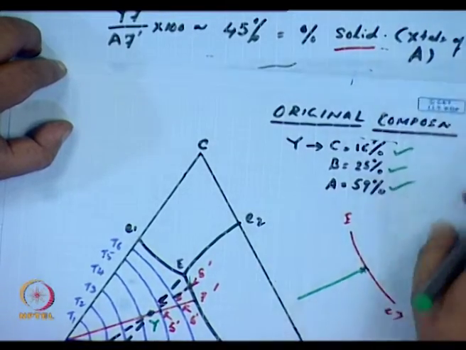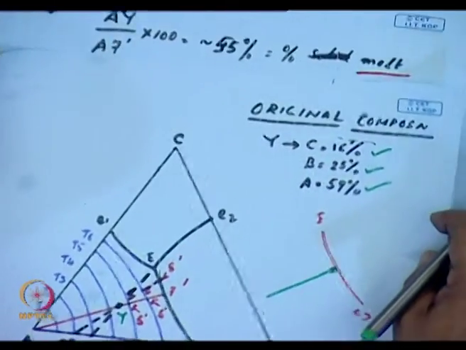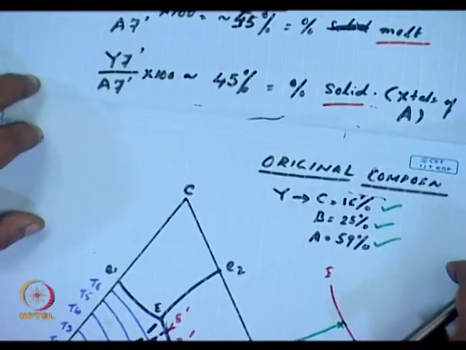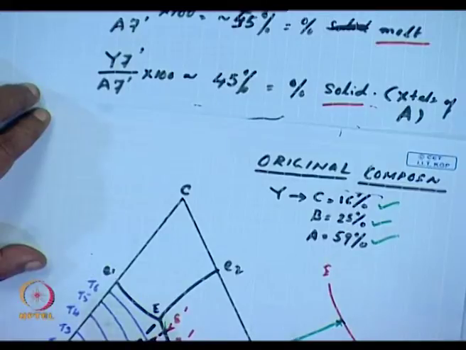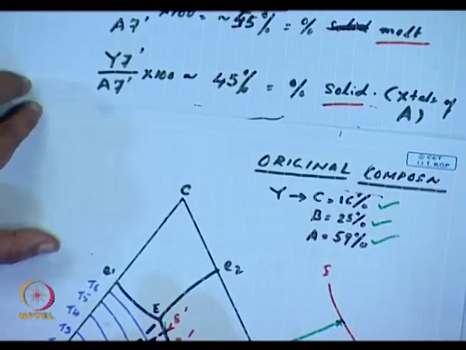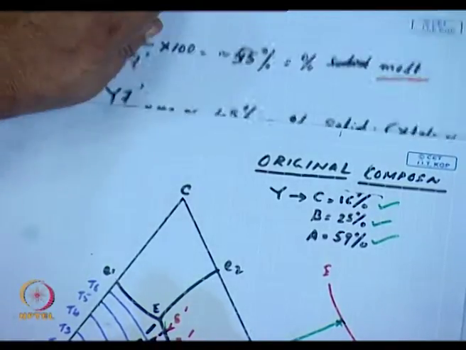And what it turns out, again, using the same principle as outlined earlier, is AY divided by the entire length multiplied by the 100%.